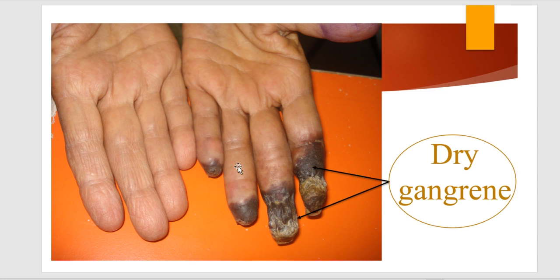And here you can compare the same thing with the right hand condition, the fingers in the right hand. So this is a dry gangrene example. Obviously, she is an old lady suffering from atherosclerosis, and she was also giving history suggestive of hookah use, again tobacco and smoking, right?